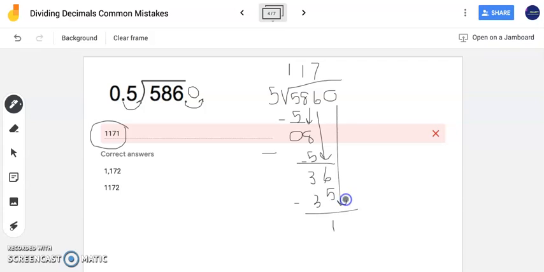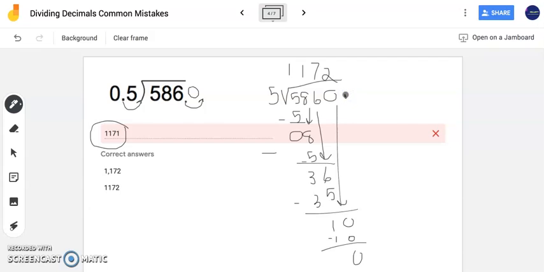But I still bring down that 0. 5 times 2 is 10, with no remainder here.